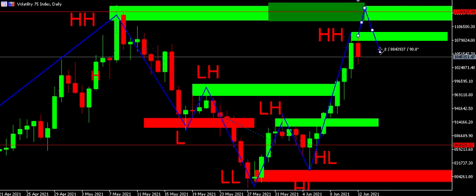Price may come back to this zone, and then price will go up and break, just like what happened around here. Price got to this zone, came back, and then broke, and then it's here.